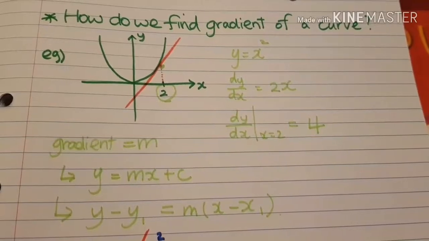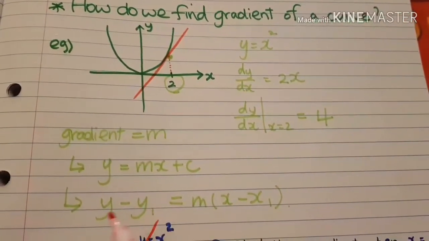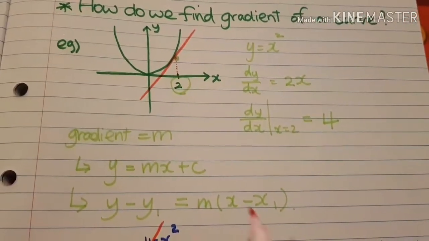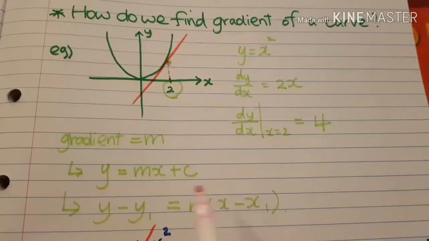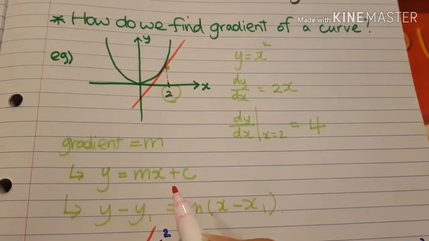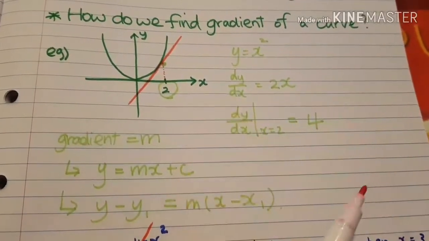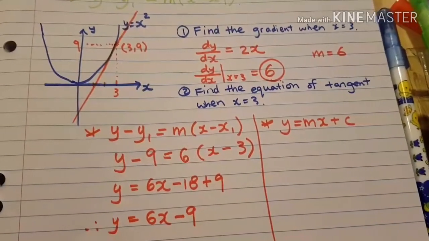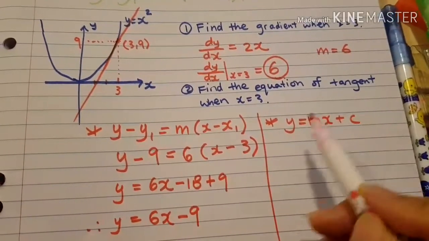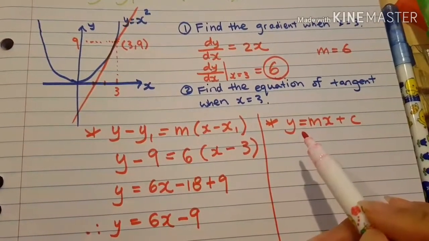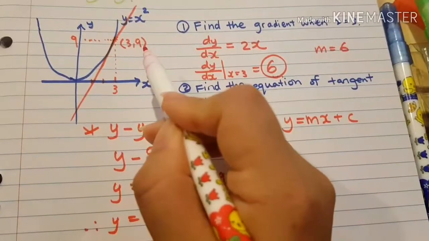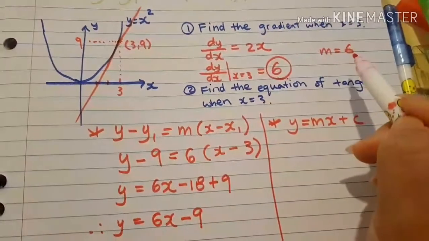To find the equation of the tangent, there were two methods, this one and that one. We could also use y equals mx plus c to calculate the equation of the tangent, which is linear in this case. So let's have a go. It's still the same, passing through this one point with gradient 6.